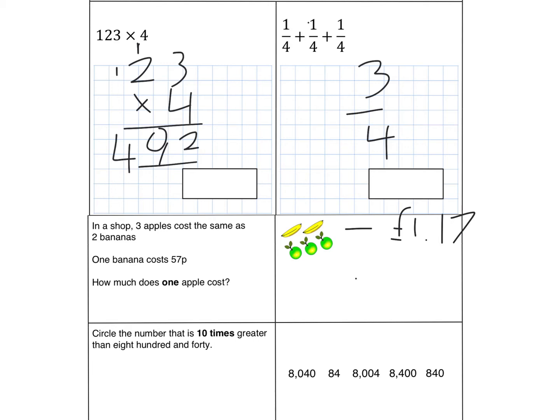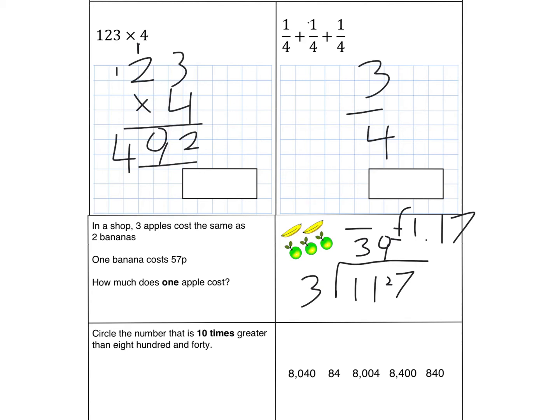So we need to divide this amount by 3. So 3 into 1 doesn't go, 3 into 11 goes 3 times, remainder 2, 3 into 27 goes 9. So your answer is 39p, so each apple is 39p.